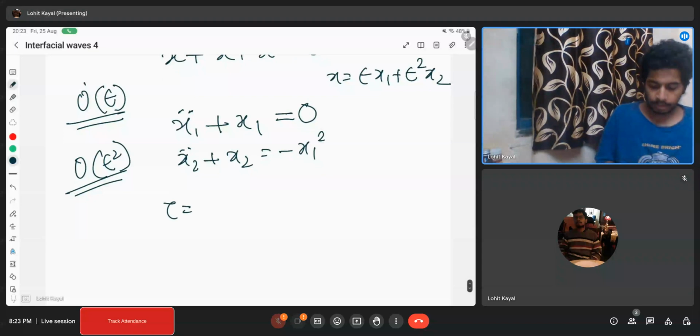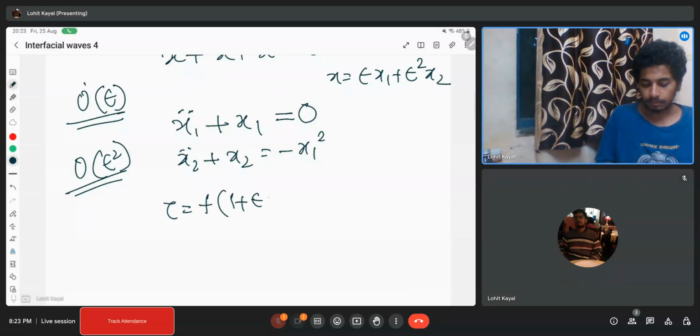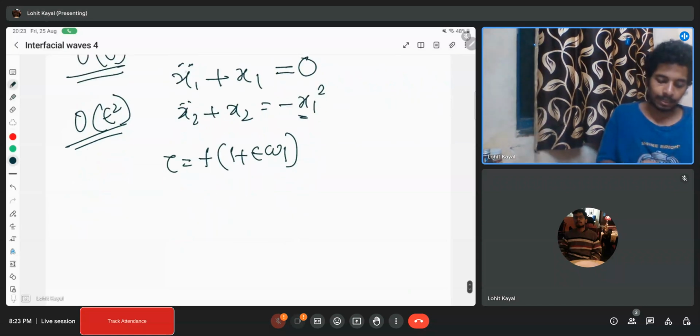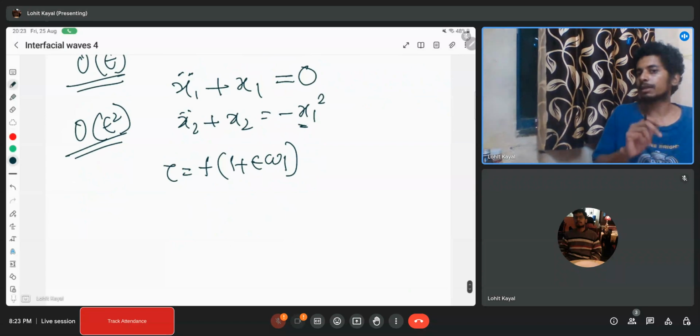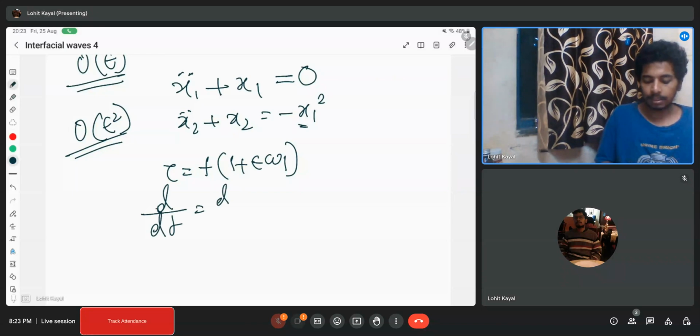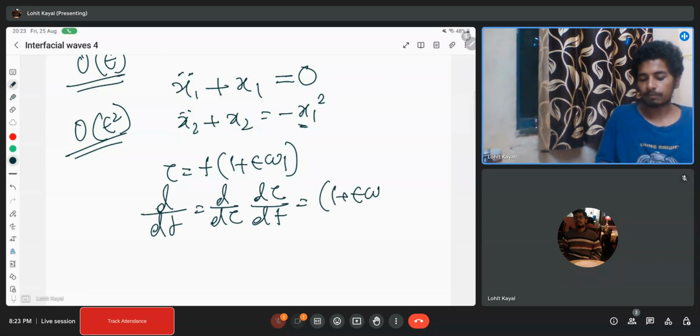Your tau is t into 1 plus epsilon omega 1. This term is very easy to forget, because you can very easily see the x1 square. But remember that x double dot is not based on t, it is based on tau. So there will be one more term. Your d dt is d tau into d tau dt, which is 1 plus epsilon omega 1 d tau.